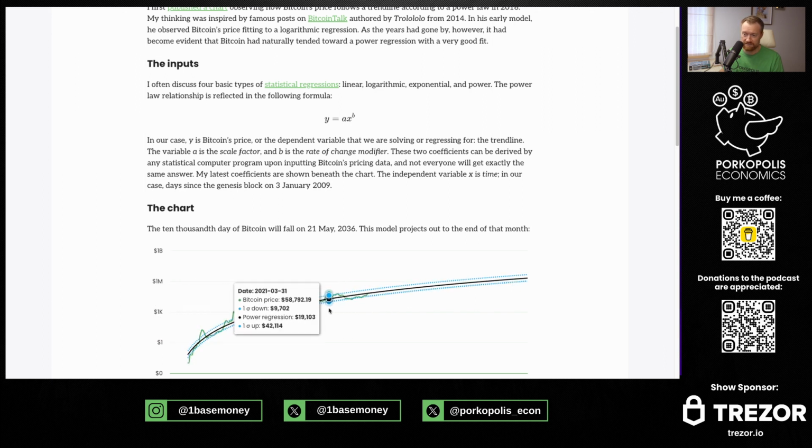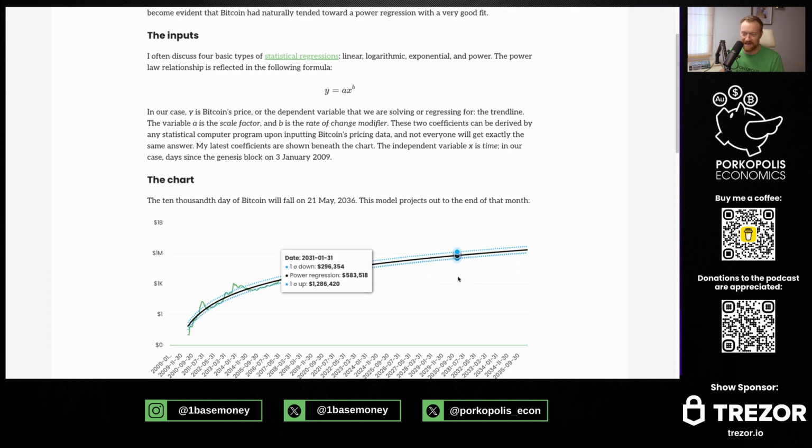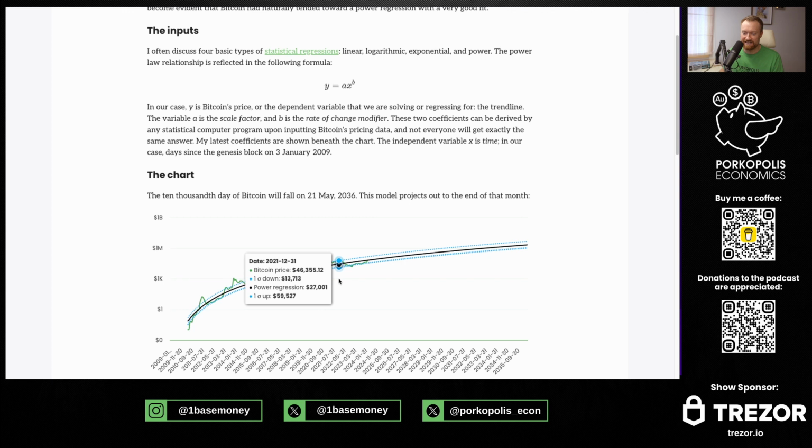Note this is for ease of use, for caching and speed and updating this. I'm not putting every single day on this chart. We're going out 27 years, in fact, to the 10,000th day of Bitcoin, which is the 21st of May, 2036. I'm only going on a monthly frequency. So that's why the price action looks a little bit more rounded here. And, you can't show every day in website form.